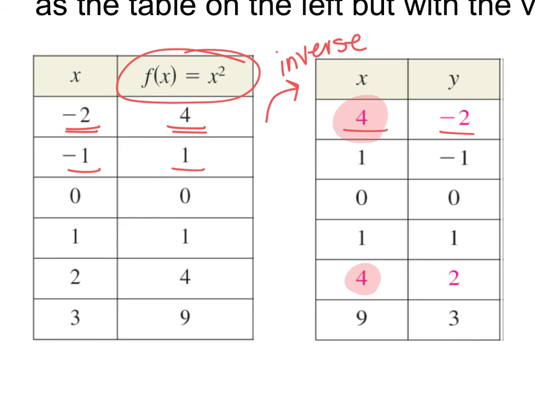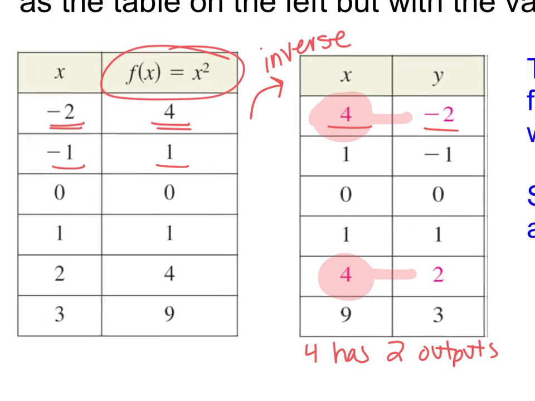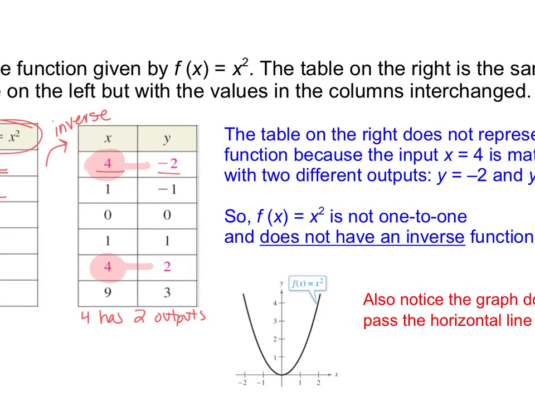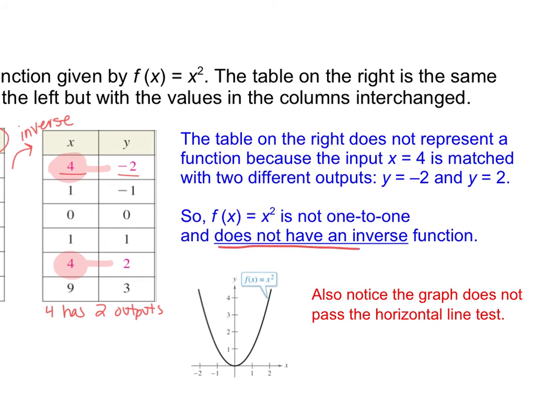So because when you flip-flop the x and the y values for the inverse, this 4 has 2 different outputs, that means that it does not have an inverse. Okay, so that's one way to check it. It's not one-to-one. It's not a function when you flip-flop the x and y values.